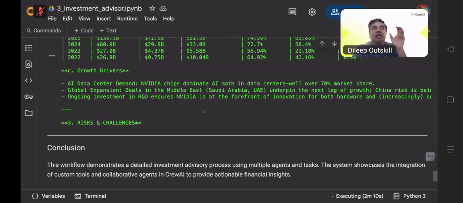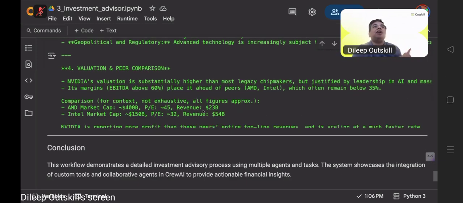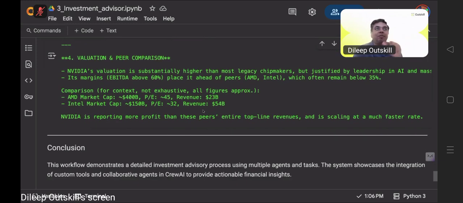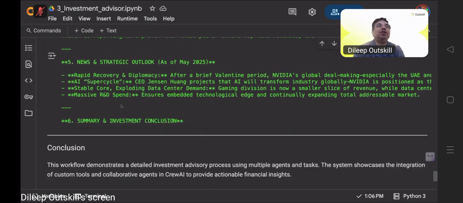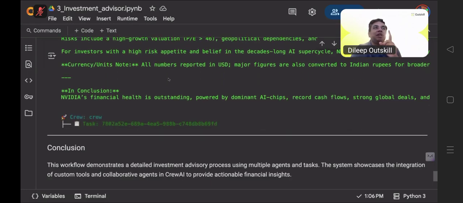It has understood that there are growth drivers: AI data center demand, global expansion, ongoing investment. Risks and challenges: China exposure, valuation risk, concentration risk, geopolitical and regulatory risk. Valuation and peer comparison of peers. It didn't do it previously. AMD market cap and Intel market cap. It has looked at that. Then news and strategic outlook as of May 2025, summary and investment conclusion.